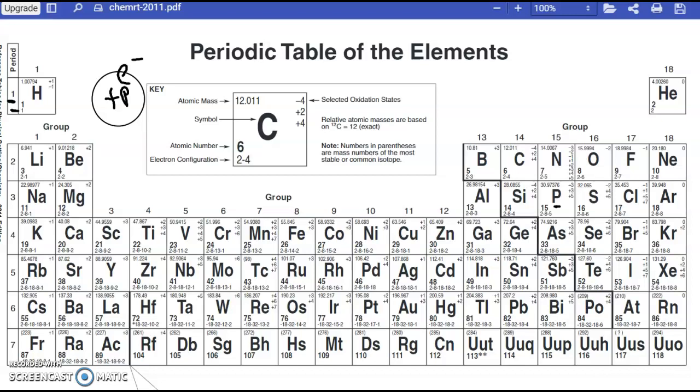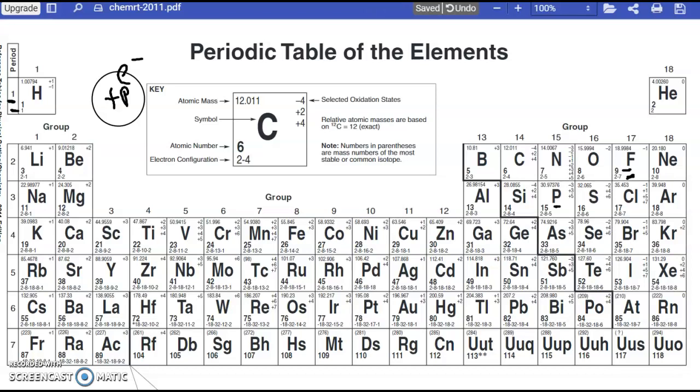If we look at another element, let's say fluorine, fluorine has 9 protons, and it also has 2 and 7 make 9 electrons. So fluorine is also neutral.